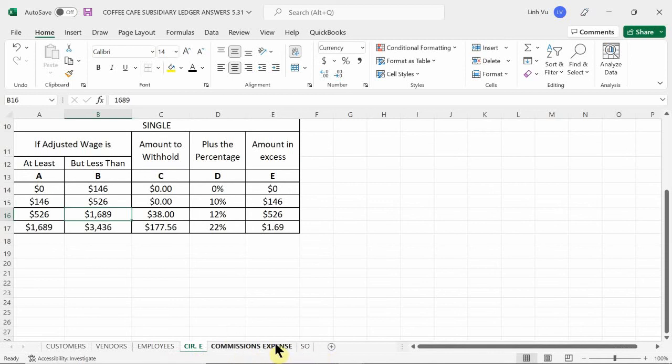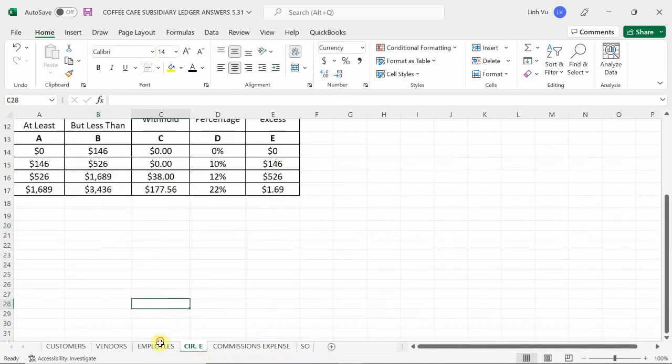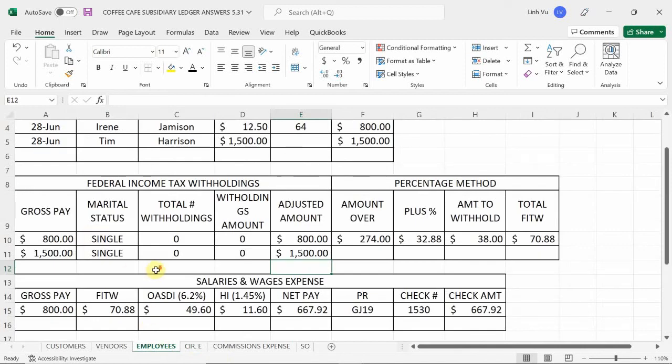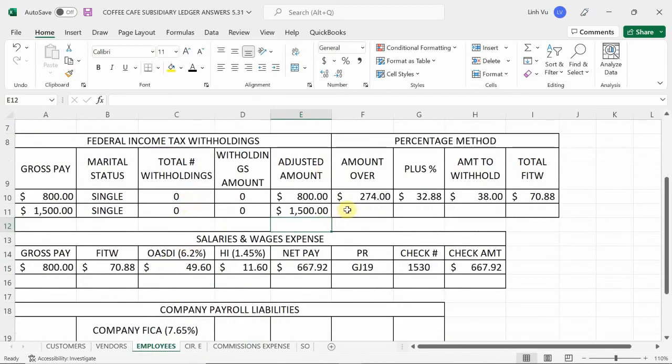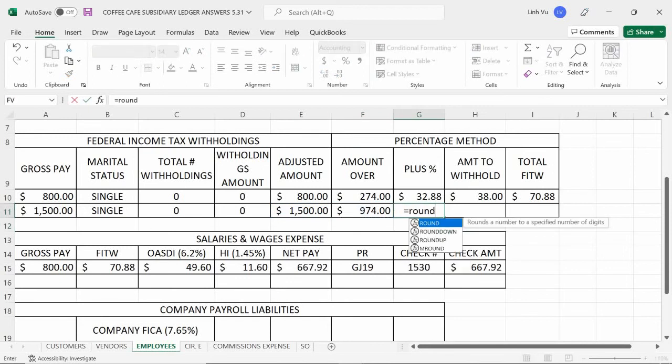So let's go ahead and plug in our numbers here. We know that he's going to get $526 to himself, right? So how much in excess did he earn? $974. $974, and that is going to be subject to 12% tax.